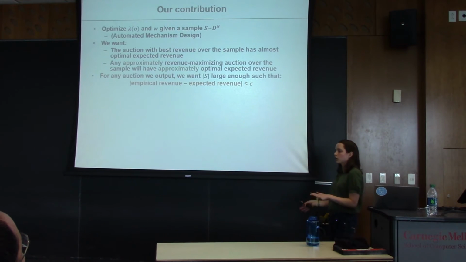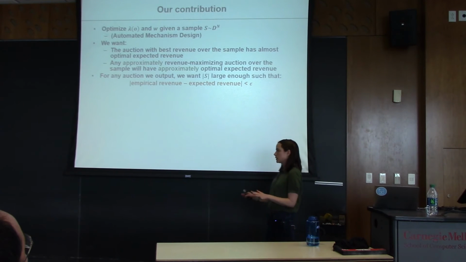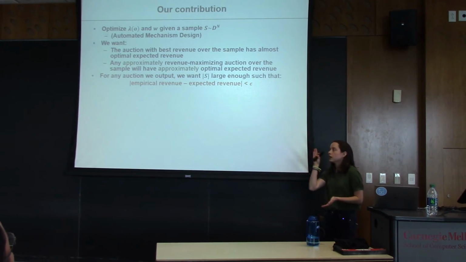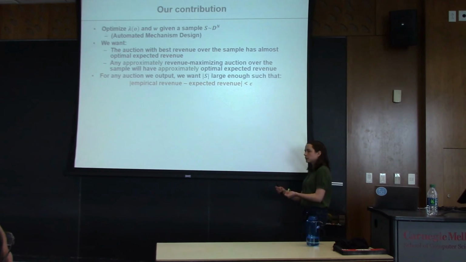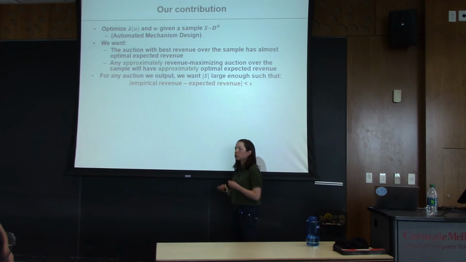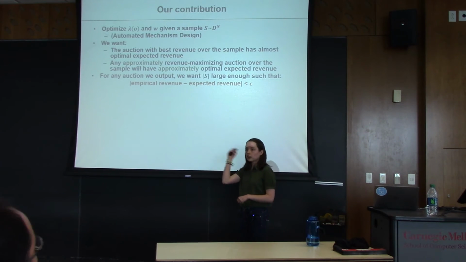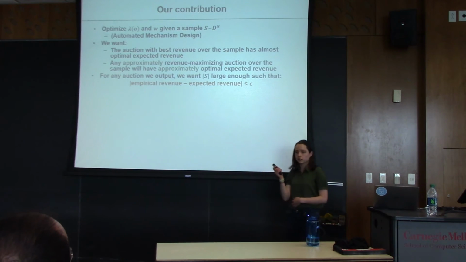Glossing over some details, we will get both of these bullet points if we can ensure that S is large enough that with high probability, the empirical revenue of an auction is close to the expected revenue of that auction.